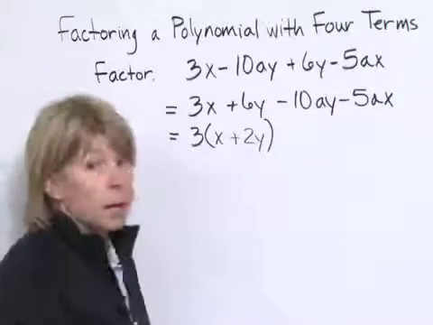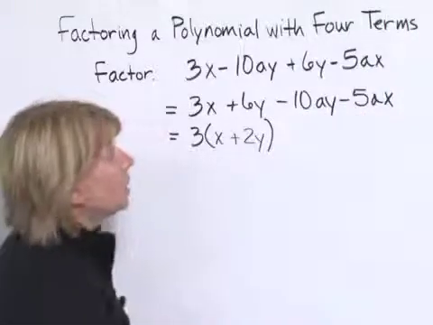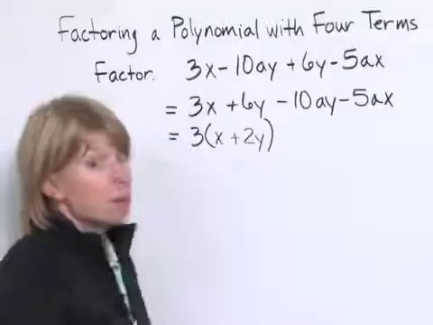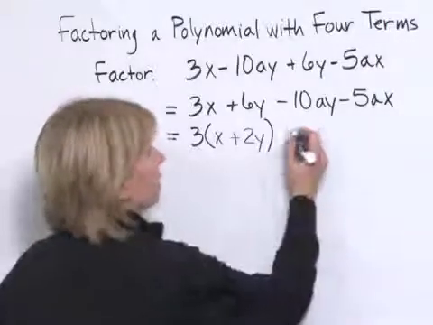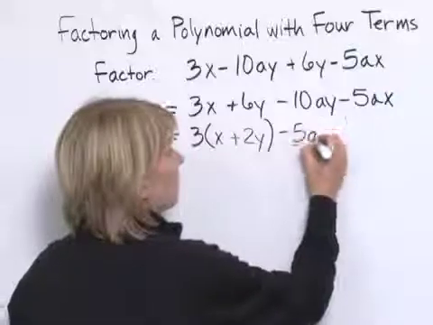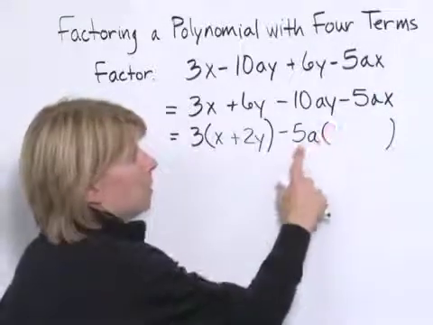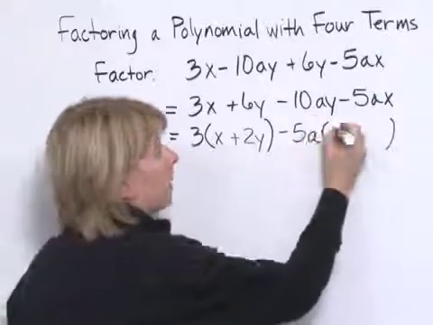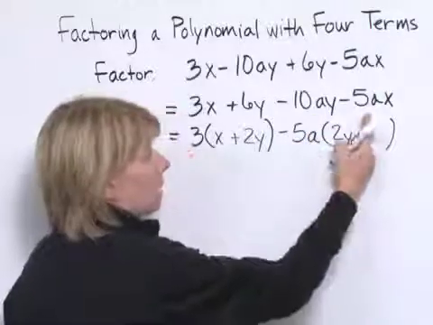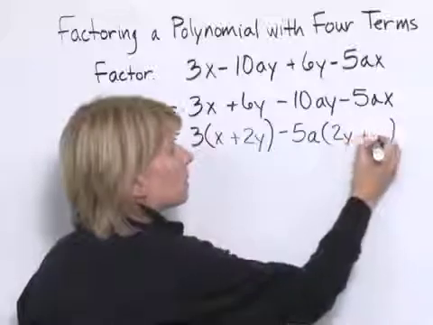And if we look at the variable parts, we see the common factor is a. So I want to take out a 5a, but I want it to be a negative 5a. Taking out a negative 5a would leave me 2y and plus x.